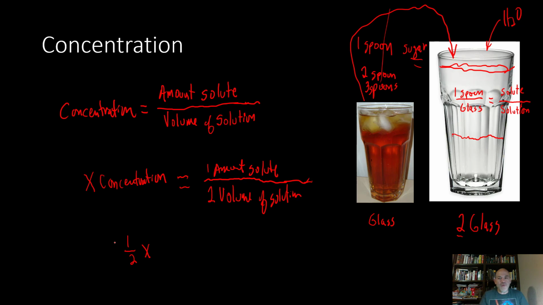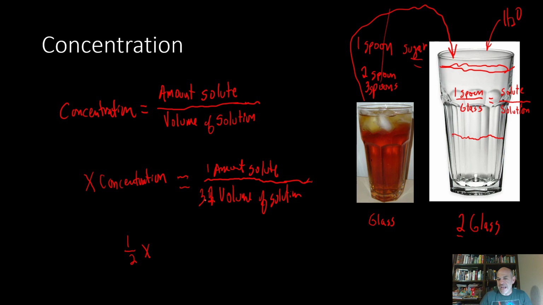Okay? What happens if we were to take this and put it into a glass that's 3 times bigger? Instead, that would be 1/3, 1 over 3. Okay? And so that's the way we want to think about these kinds of general questions about solutions. You don't even know what the concentration is, but I ask you, what happens if we were to triple the volume by just adding water to it?